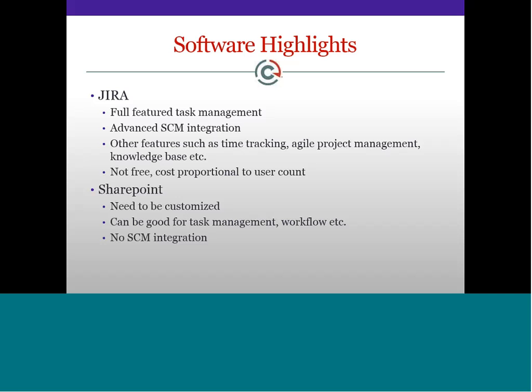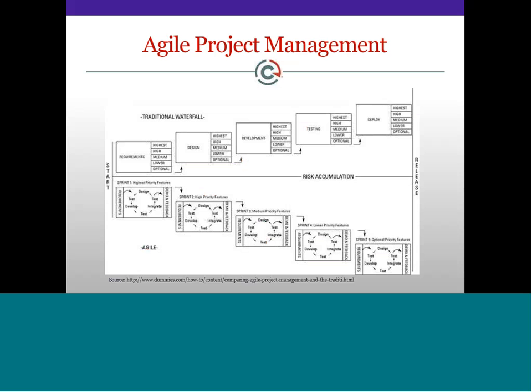Right, now we have talked about versioning and issue management. Let's talk a little bit about Agile project management and how it relates back to what we are talking about.